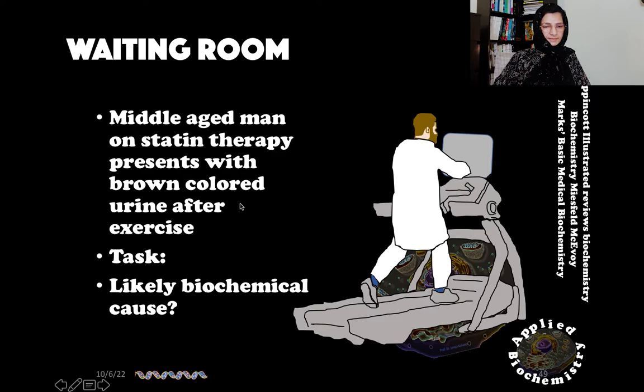When he is exercising, muscles are required to produce ATP at an accelerated rate, and when this is not produced, muscle damage is going to occur, and the myoglobin is spilled into the urine, giving the reddish brown color.